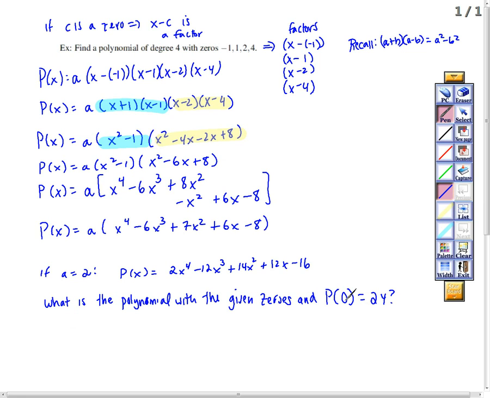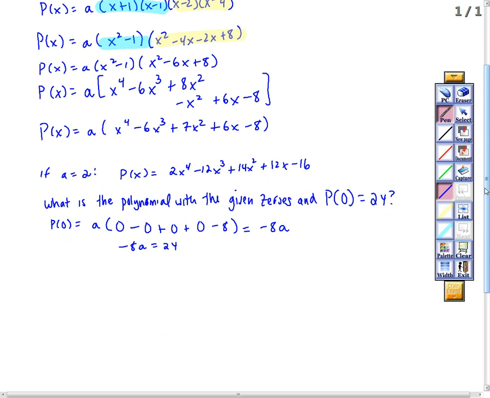So I see the constant term has to be positive 24, because if I plug in p of 0, I get a times 0 minus 0 plus 0 plus 0 minus 8, right? So p of 0 is negative 8a. So I want negative 8a to be equal to 24. So a has to be, divide both sides by negative 8, negative 3.